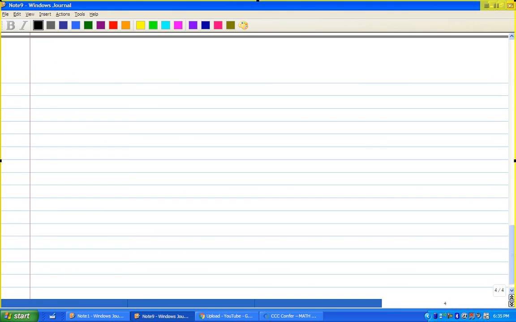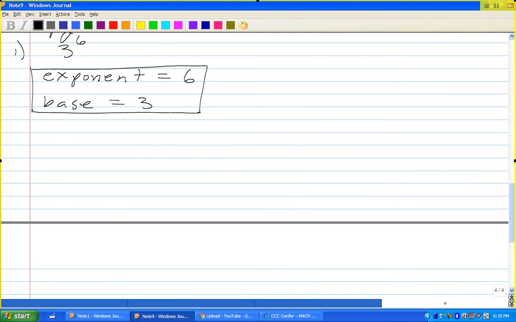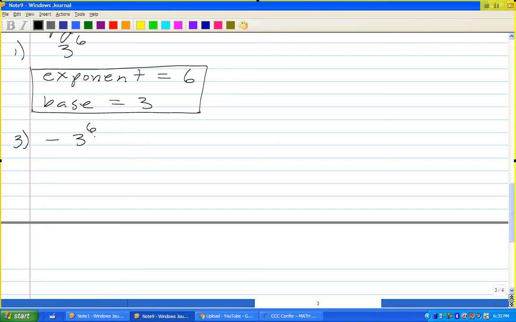Let me do problem number 3. Negative 3 to the power 6. In this case, the exponent is 6, but the base is 3.